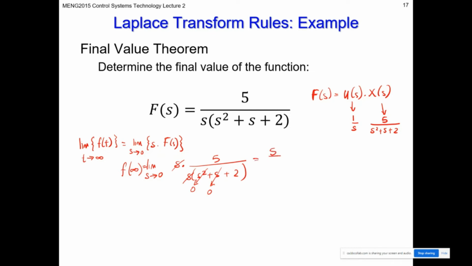So we're left with 5 upon 2. So as time goes to infinity, the value of this function is going to settle down to 5 upon 2, which equals 2.5. That's the output as time goes to infinity of this particular function.